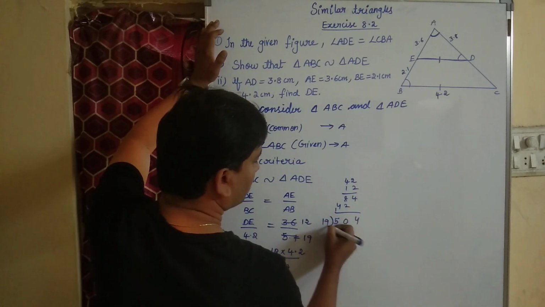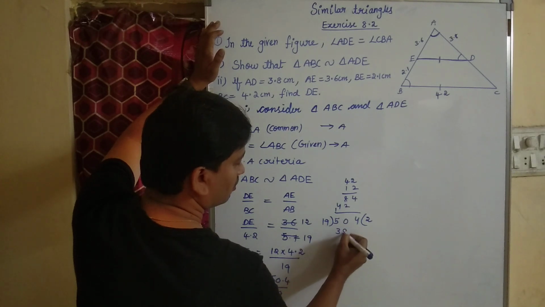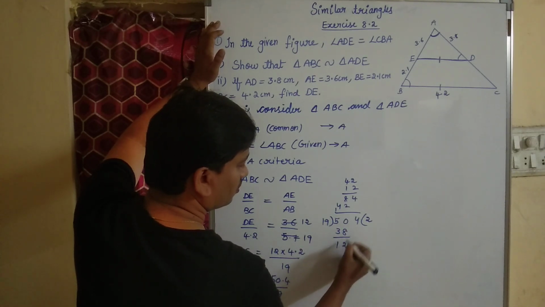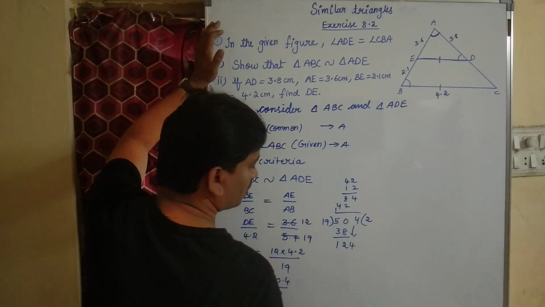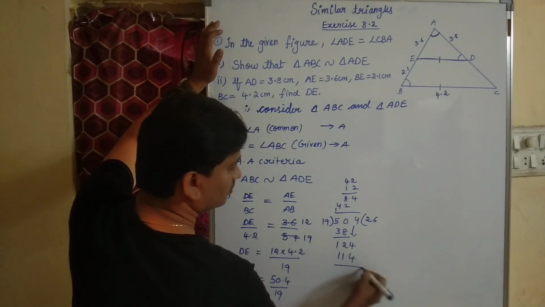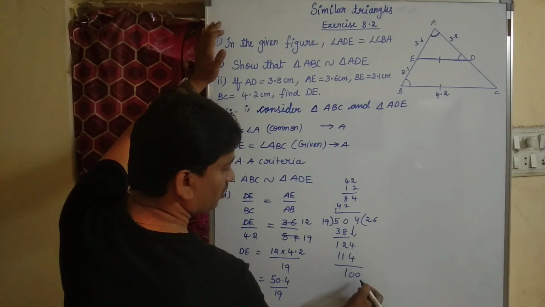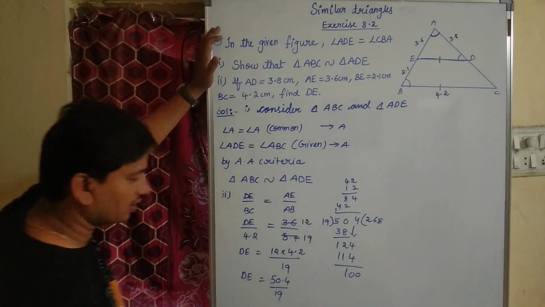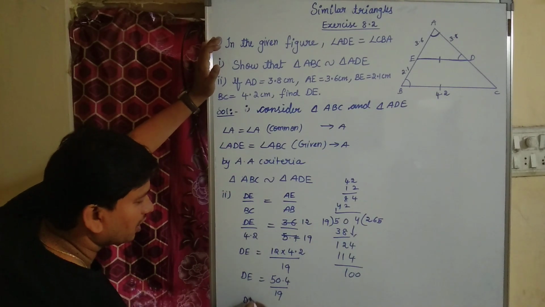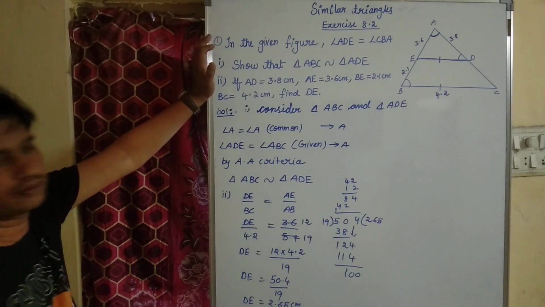So 504 divided by 19. 19 twos are 38, 50 minus 38 is 12. 19 sixes are 114, then 0. 19 fives are 95. I mean DE equals 2.65 centimeter.